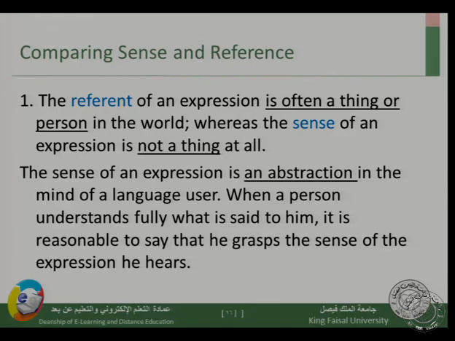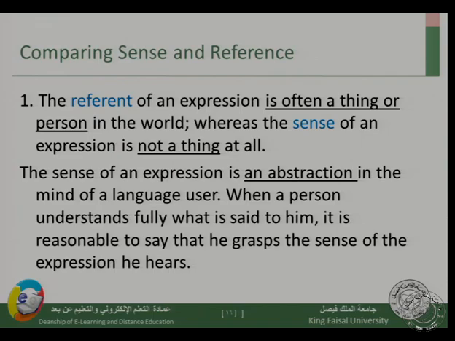Whereas the sense of an expression is not a thing. It's just something in the mind of speakers. The sense of an expression is an abstraction, something you can't see or touch. It is an abstraction in the mind of a language user.